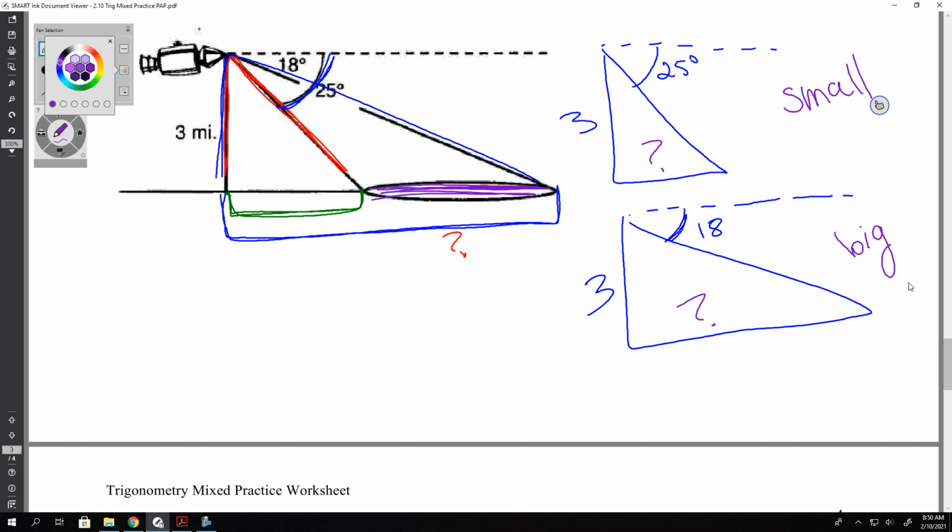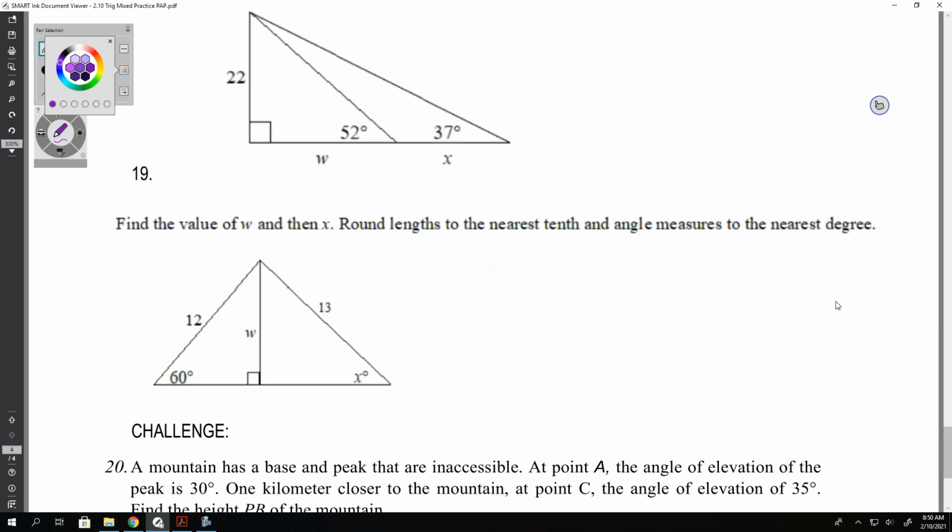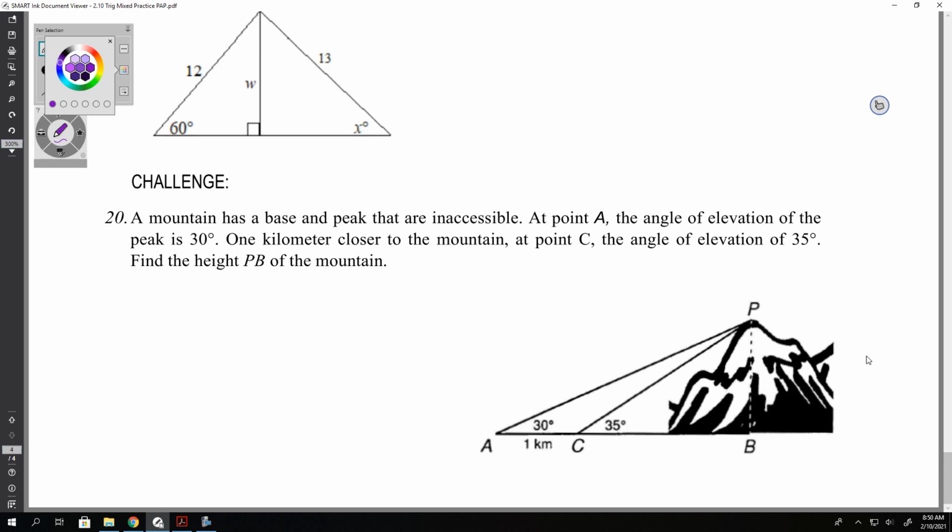Okay. And then the last one here, I'm not going to set it up too much with you because it is a challenge, but I'll kind of help you see here. It says, a mountain has a base and a peak that are inaccessible.